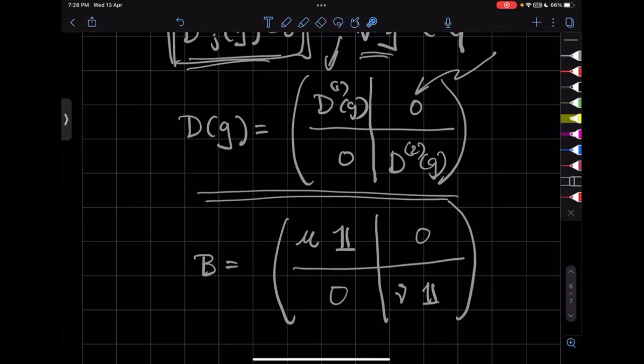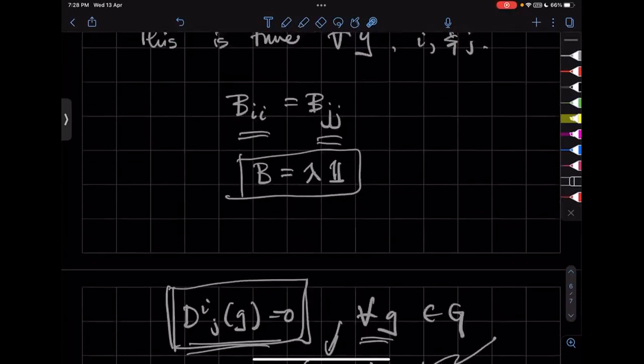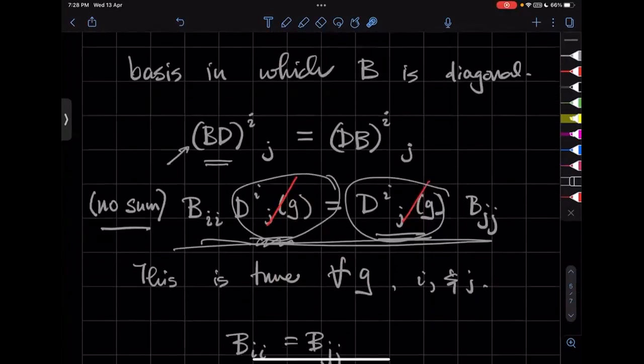Okay, any questions or comments? Yeah, I didn't understand the part where D_IJ equals 0 implies that those blocks are 0. Right. So the point about this equation is that it is true for all G, all I, and all J. That was the assumption, right?